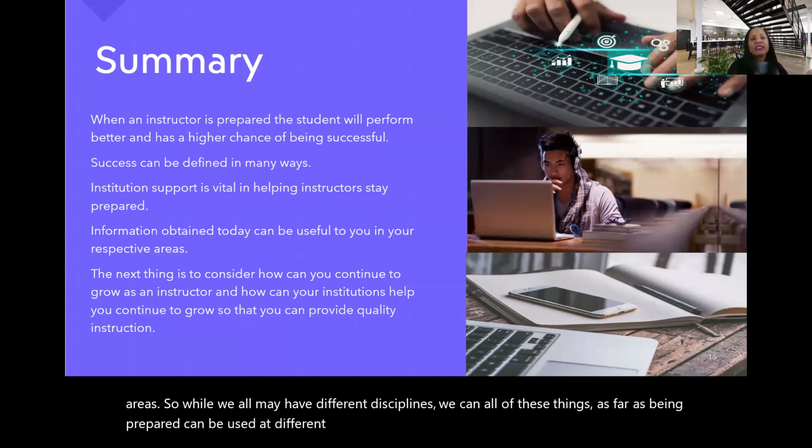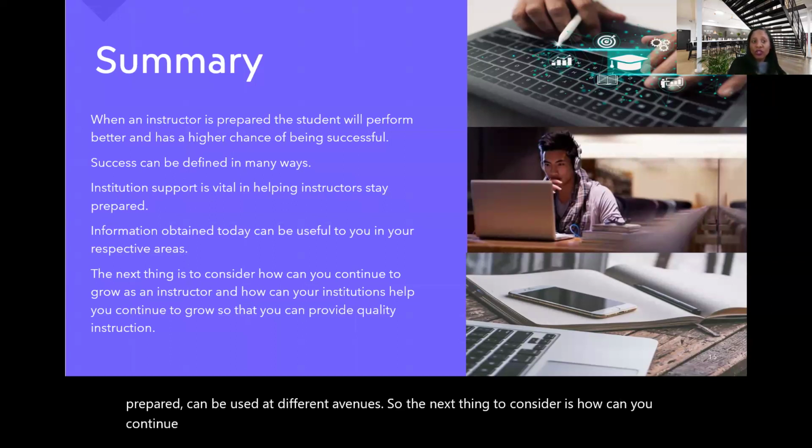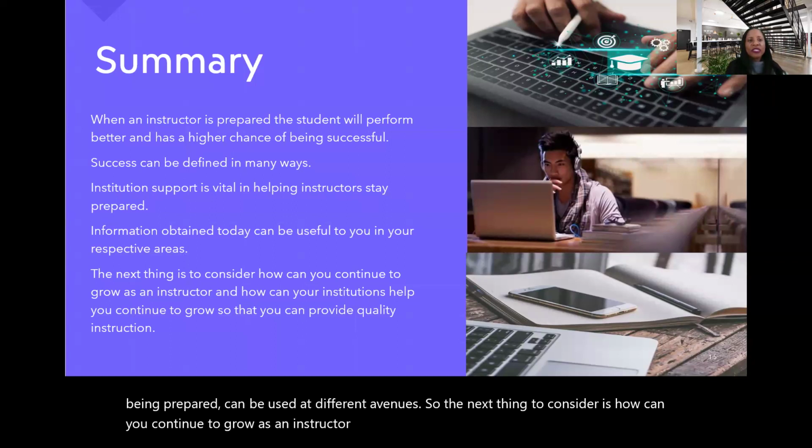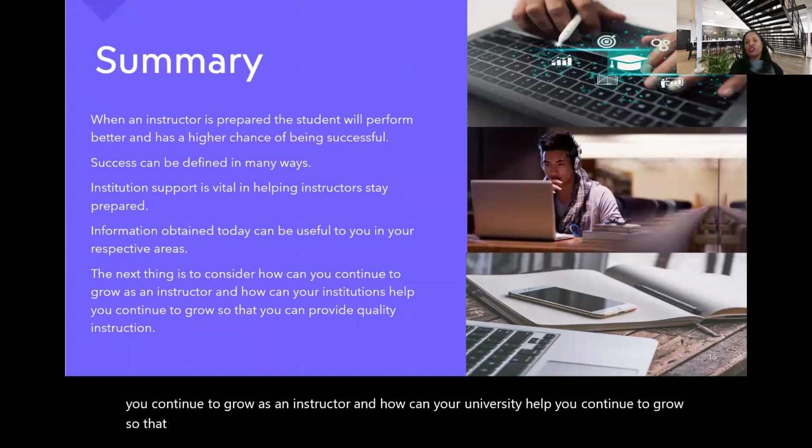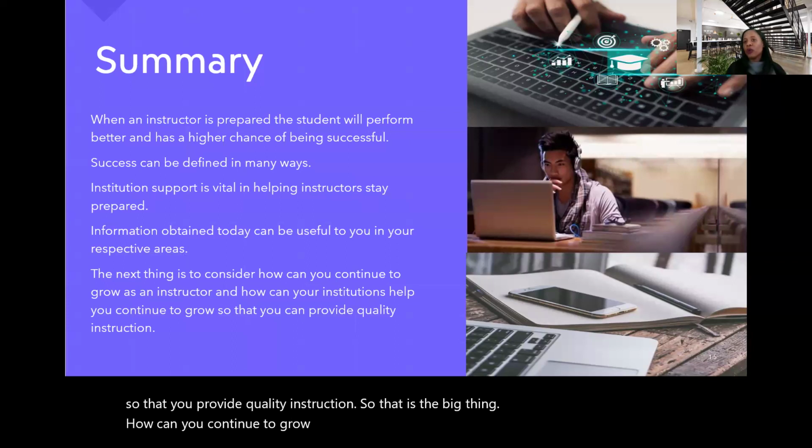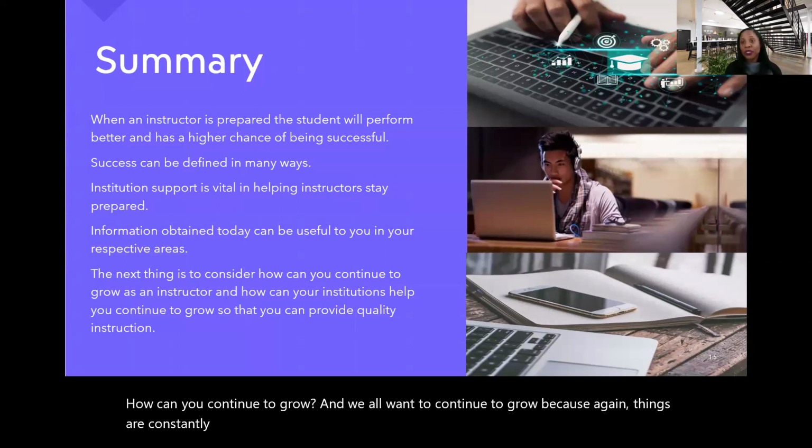So the next thing to consider is, how can you continue to grow as an instructor, and how can your university help you continue to grow so that you provide quality instruction? That is the big thing. How can you continue to grow? And we all want to continue to grow, because again, things are constantly changing in this virtual world that we're living in.